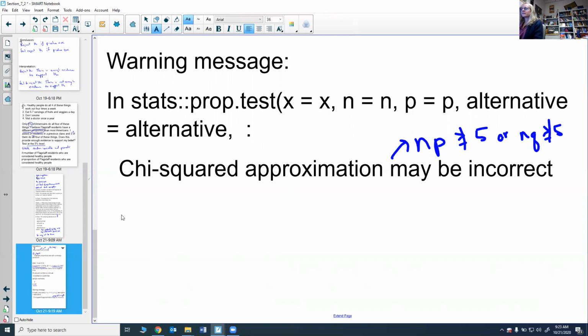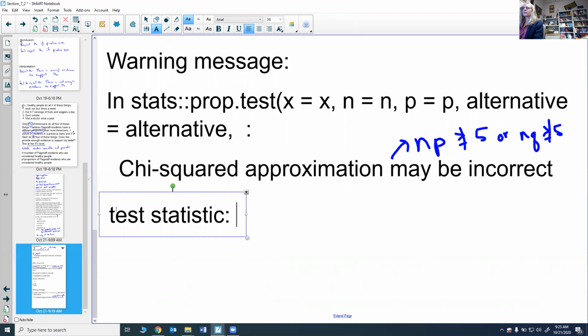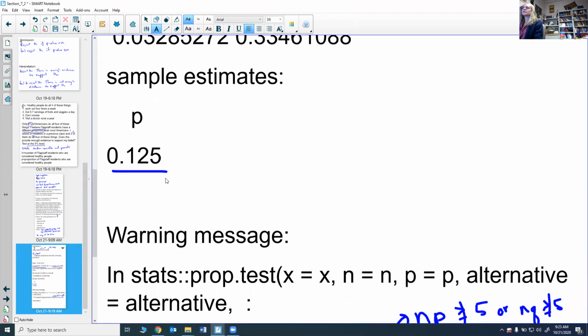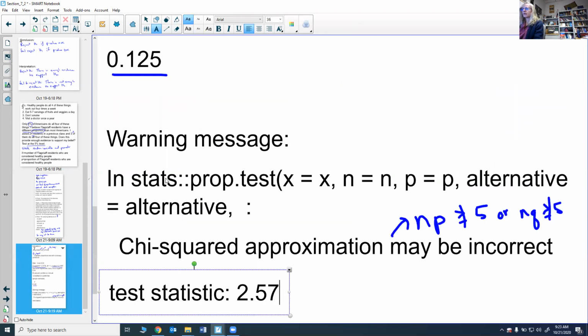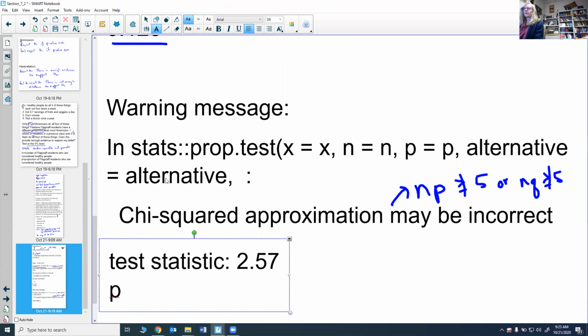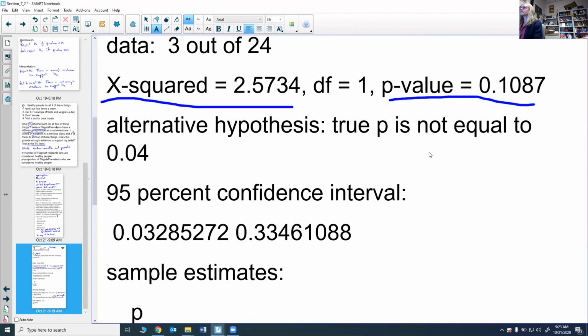So I'm going to go ahead and write these things down. My test statistic. Even though I gave you this, you should write down what these values are just so that your reader can read them. So my test statistic was 2.57. Then I have a p-value. This one I'm actually going to write out more because it's a pretty big number. I was thinking it was a small number, but it's not.